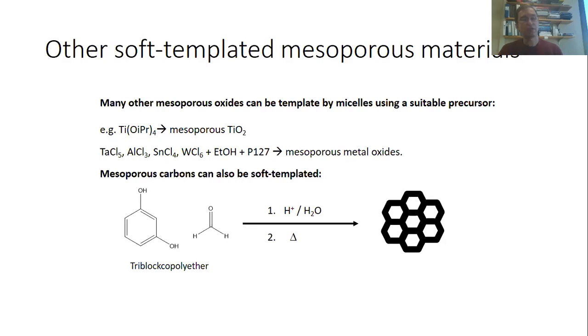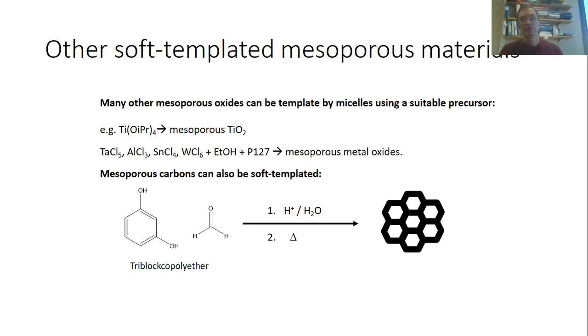Because of its different chemical composition, in this formaldehyde resin we have mainly sp2 hybridized carbon, while in the template we have sp3 hybridized carbon, which have very different thermal behavior. So during heating, the template leaves and the pore walls carbonize, and the result is a periodic mesoporous carbon. And again, you have the opportunity to produce periodic mesocarbons with different pore structures depending on which template exactly you are using.